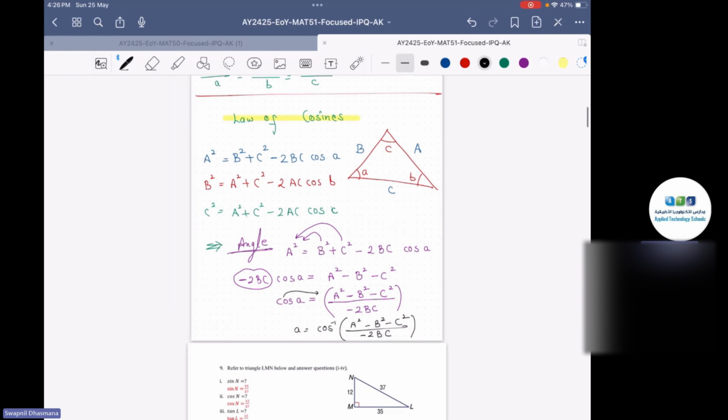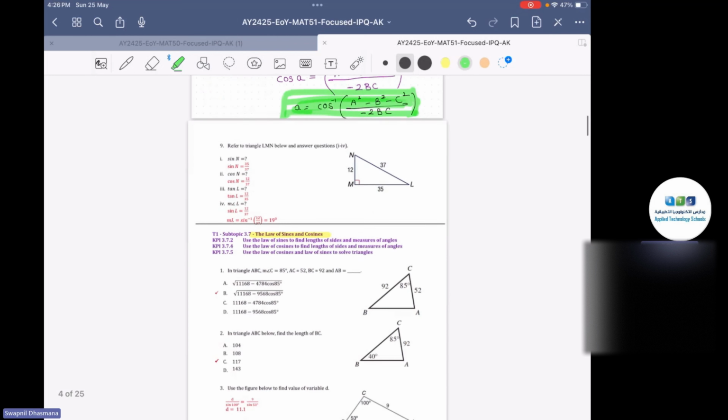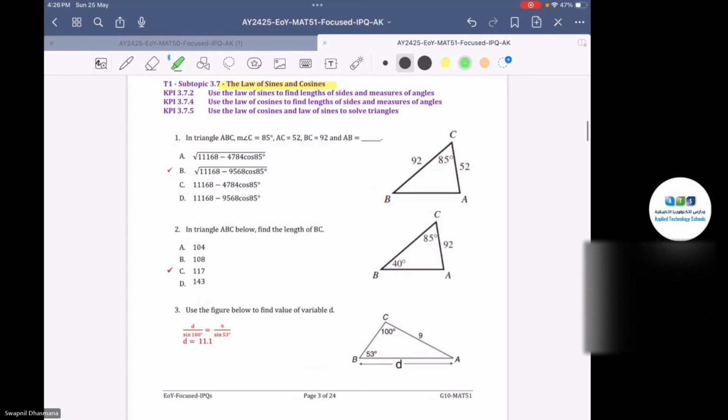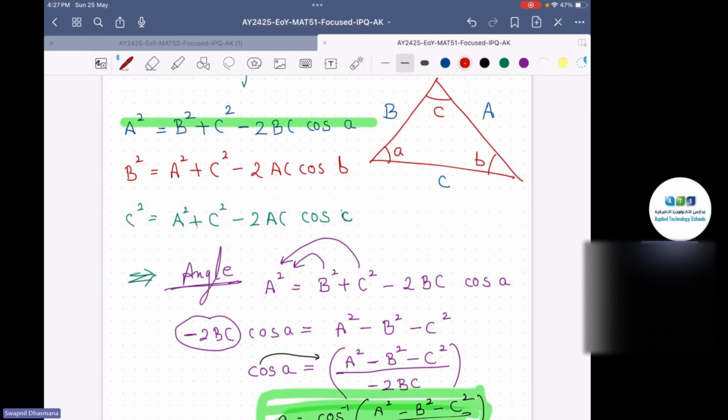The most important part out of all these are basically the first rule and the last one. You don't need to remember the last one because if you know the first green one, you can figure out the last green one. Now let's have a look at the examples. And one more thing. As soon as you remove the square, there'll be a square root here. So it applies to all three of them.